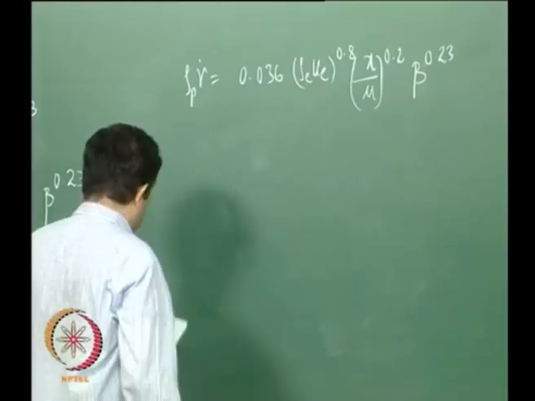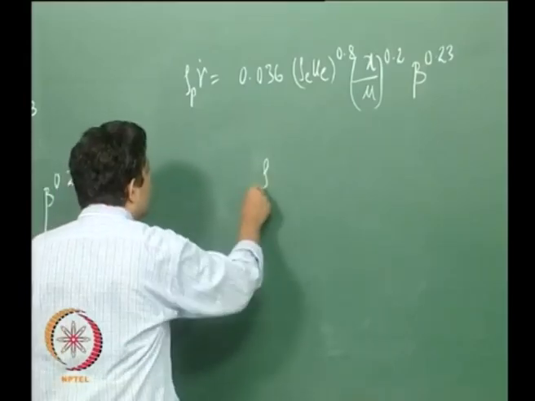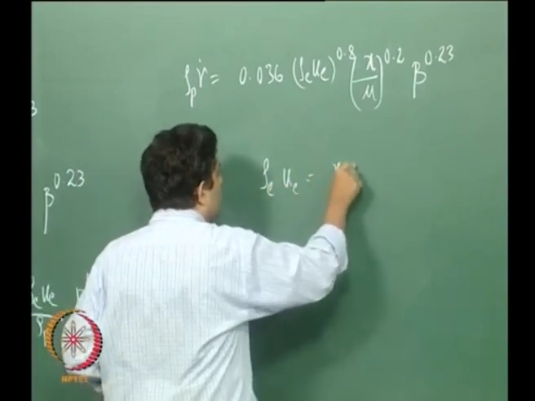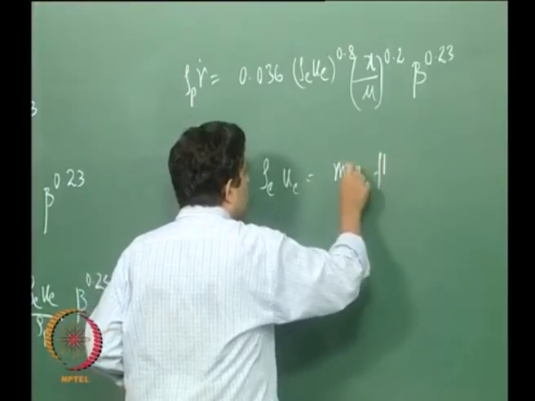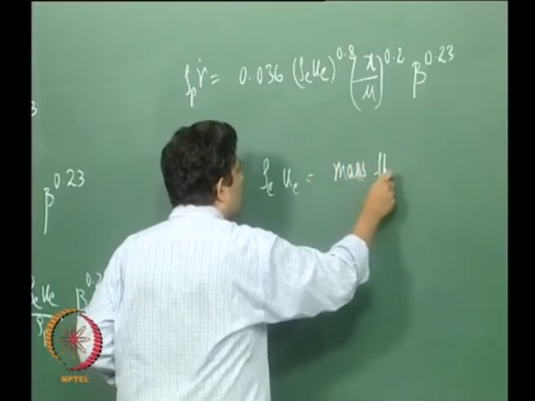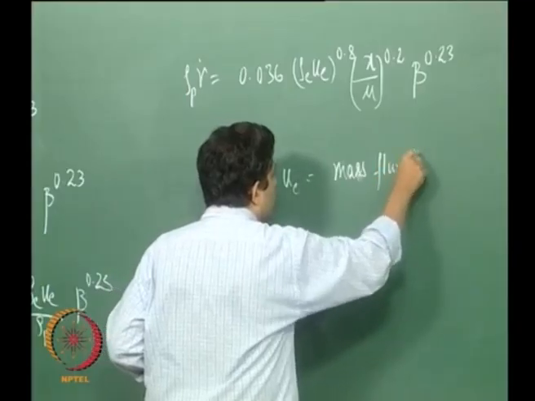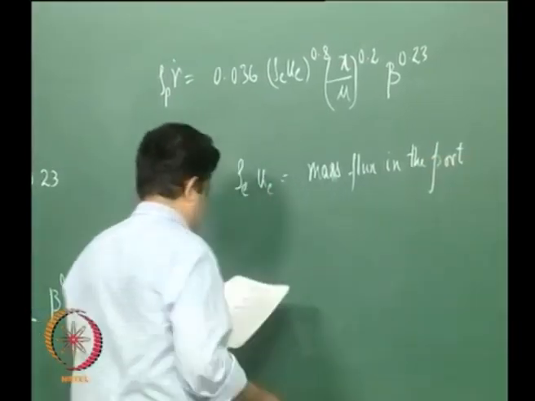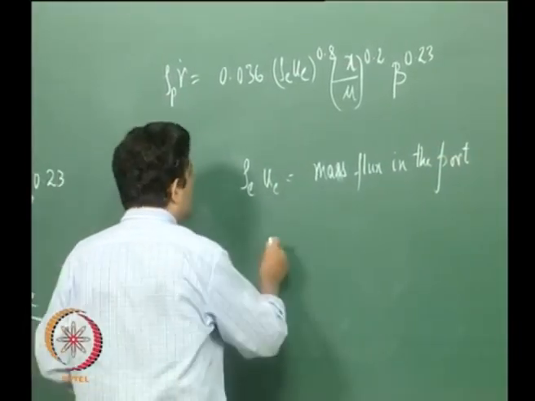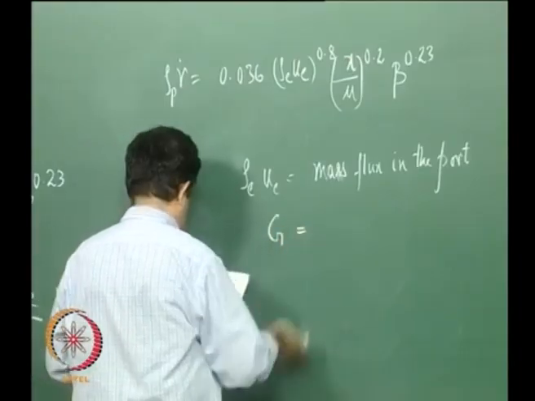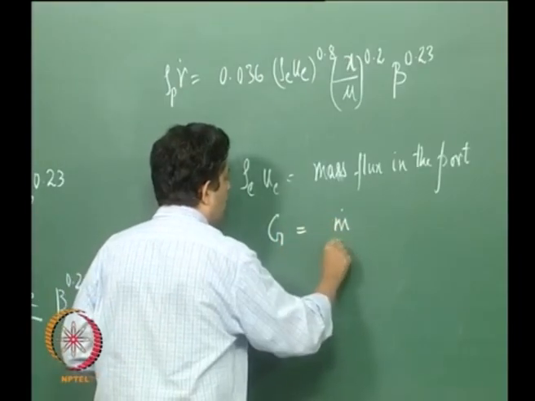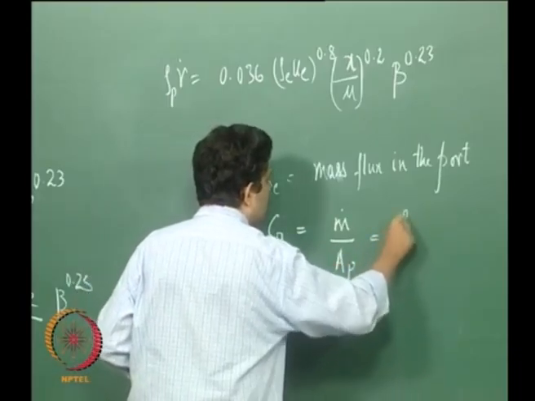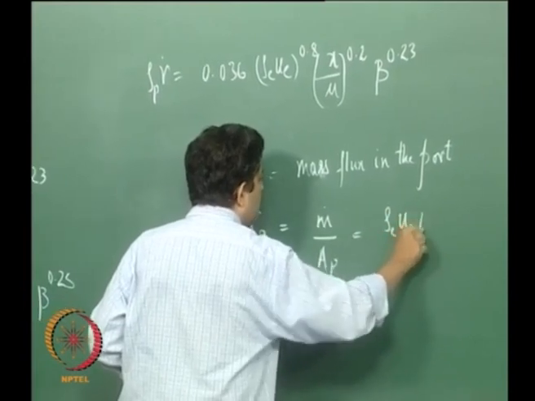So mass flux, let us define G as m dot by Ap, so that will be nothing but rho e ue.